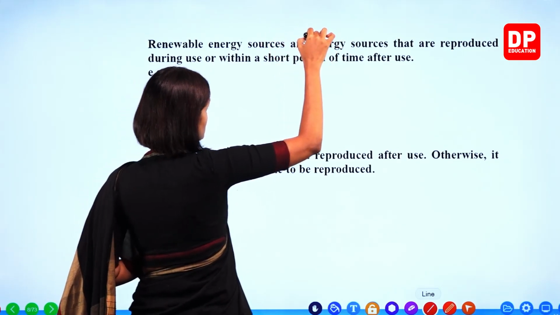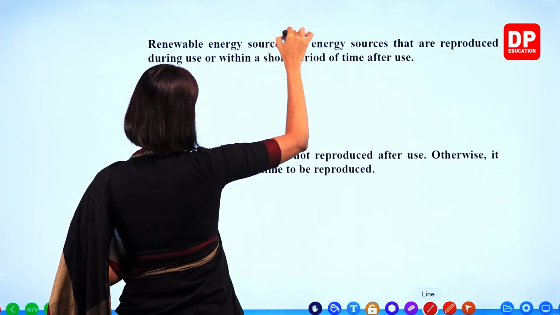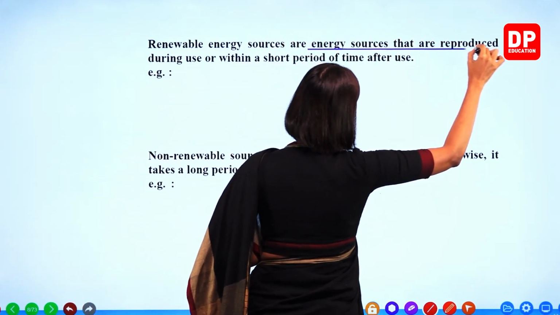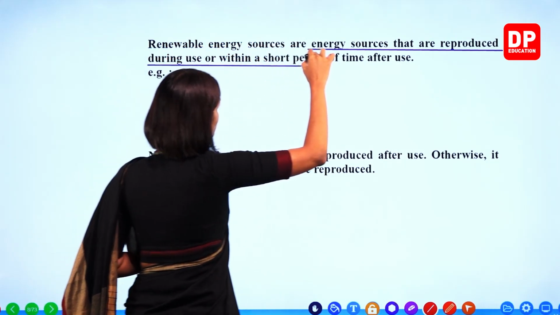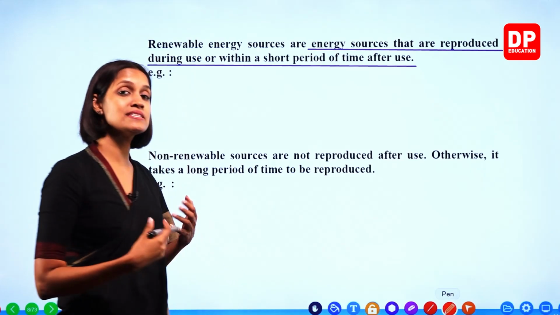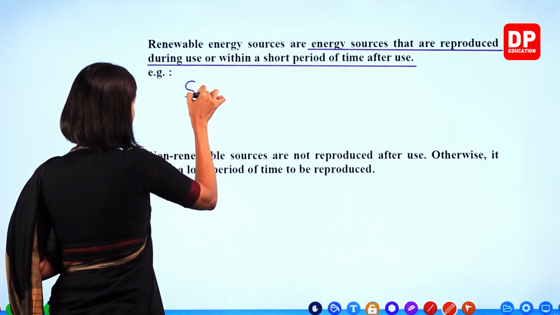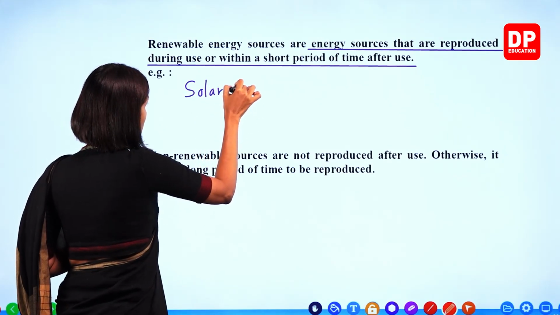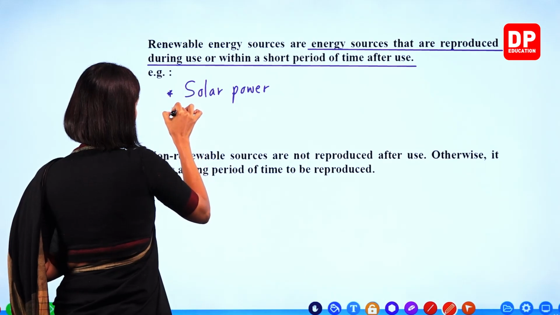Renewable energy sources are energy sources that are reproduced during use or within a short period of time after use. What are the examples? What are these energy sources? Right? Solar power. Right?